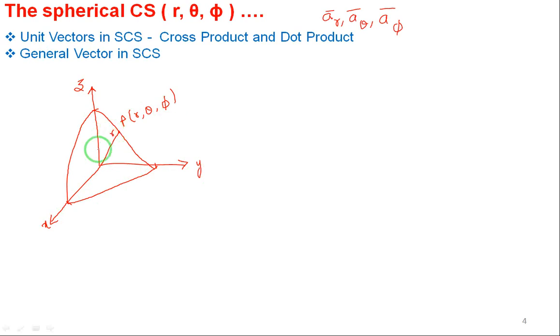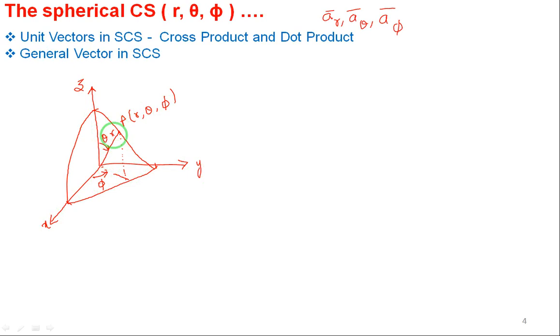So this distance is r and it is making angle theta. Then phi, if I take the projection of this r, then only phi will come into picture here. If I take the projection here like this, right? So this plane will show phi.